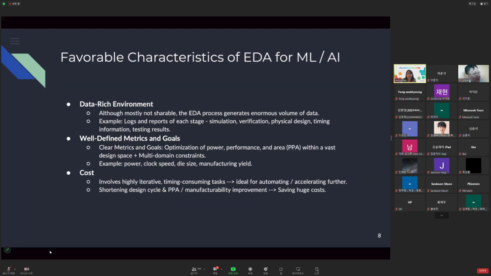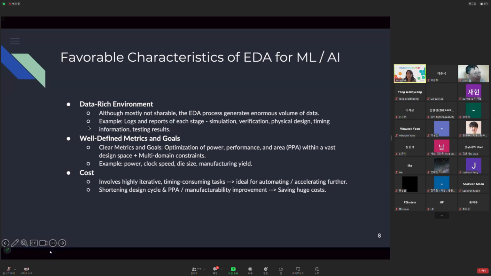But at the same time, we have some favorable characteristics of EDA for ML and AI. Naturally, this chip design process is based on data, right? Unlike biology or some natural things that develop without data, from the beginning of the transistor, when we make a certain transistor, there should be some record or log to make that transistor in that position, right?